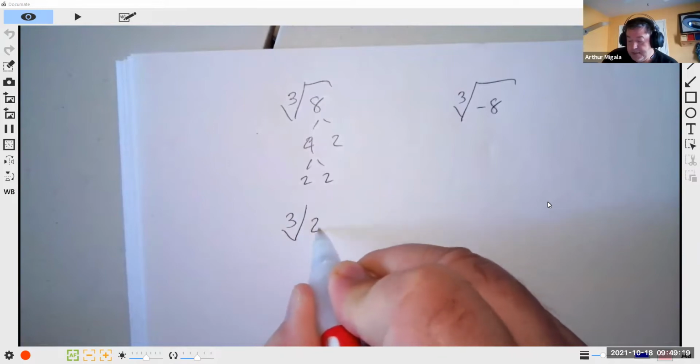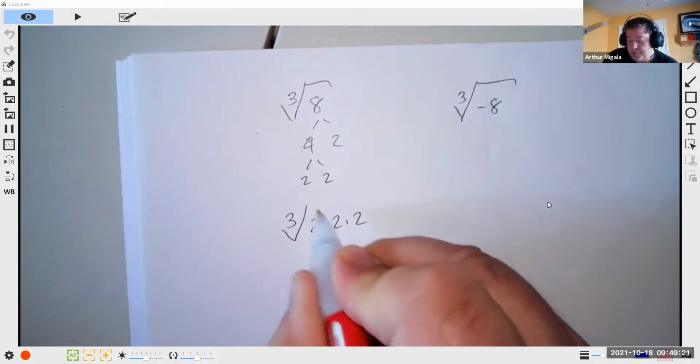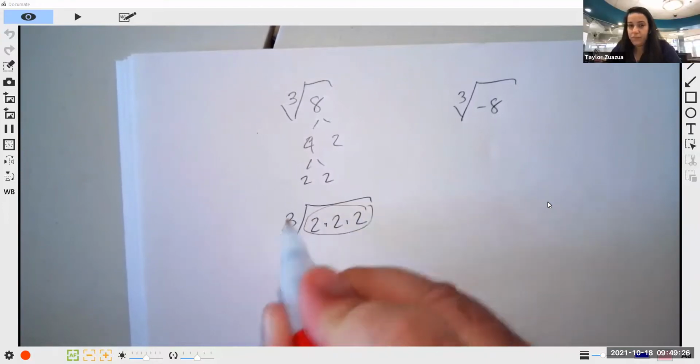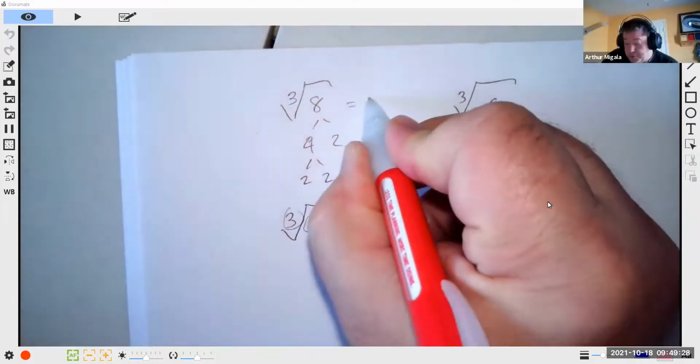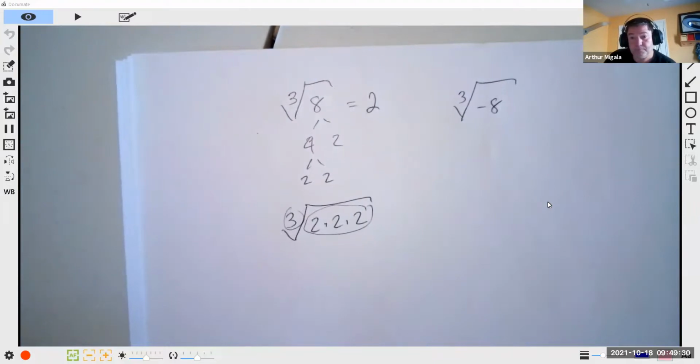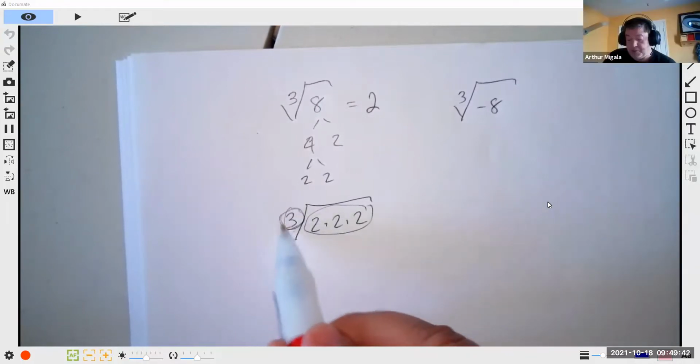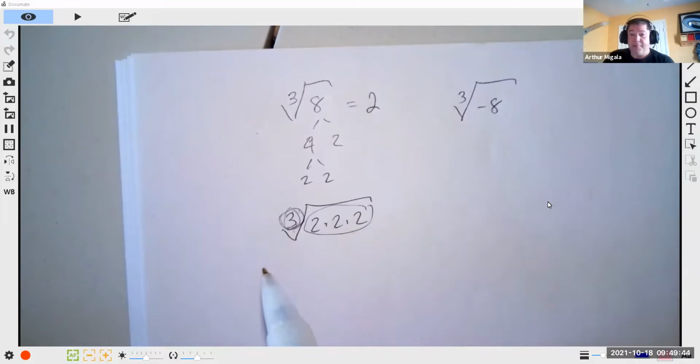So it breaks down to 2 times 2 times 2. Since there are 3 of them, that's how many I need. The answer is 2, because this root tells me how many of a kind I need to take it out. Yeah, because it's a cube root, the root tells me how many I need to pull it out.